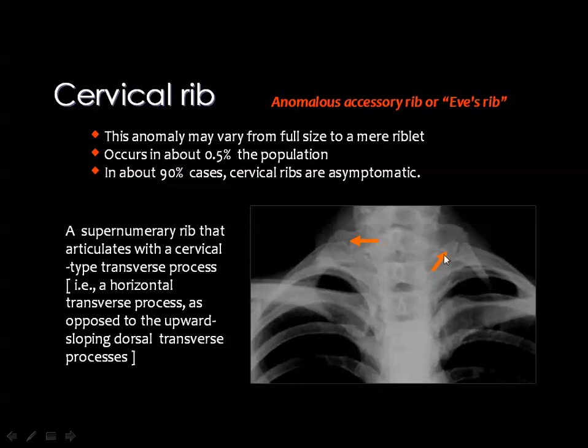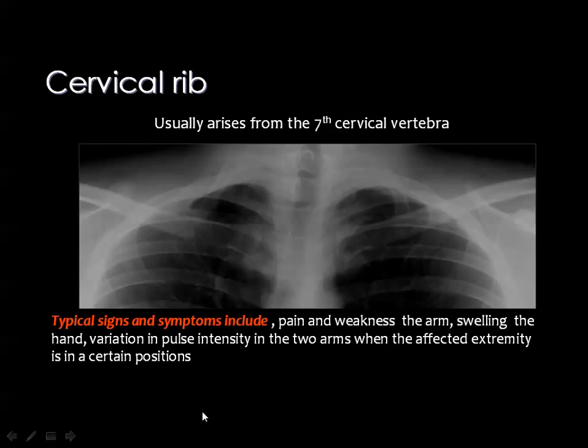If you see the transverse process of the first dorsal vertebra facing relatively up, then this is the first rib, and if the transverse process is almost horizontal, this is the accessory cervical rib.